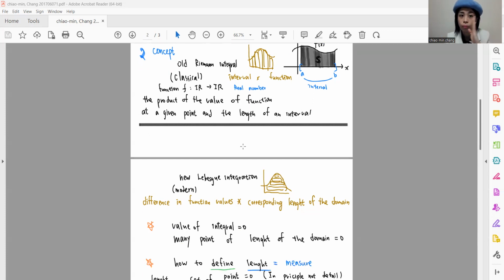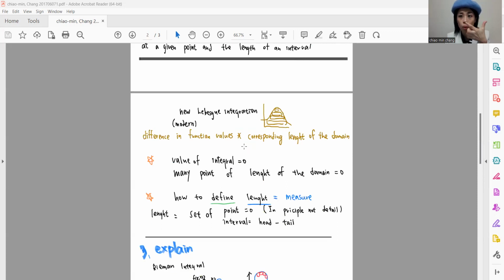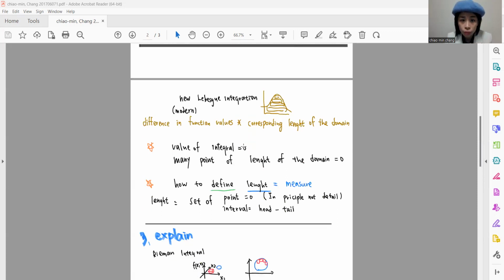So it uses columns, right? Remember, and the new method, the Lebesgue integral, uses rows. So the difference is the function value and the corresponding length of the domain. These are the two key points.